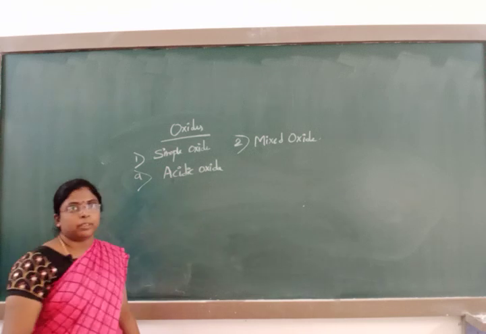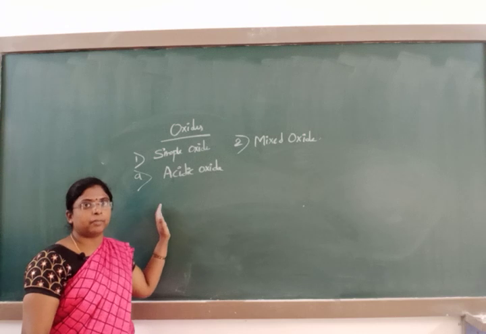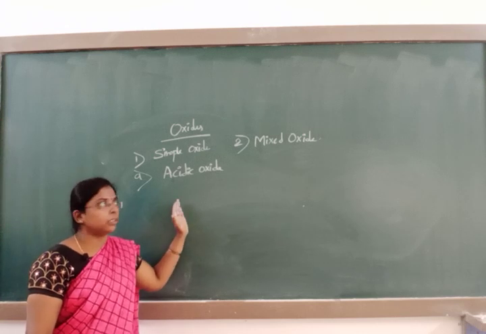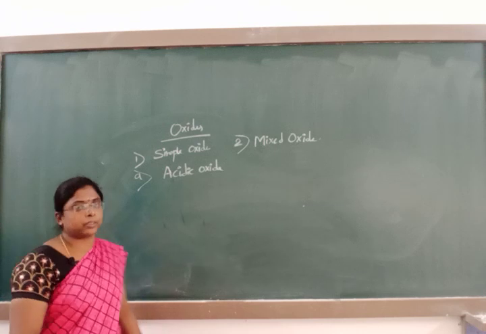The definition of acidic oxide: an oxide that reacts with water to form an acid is known as an acidic oxide.